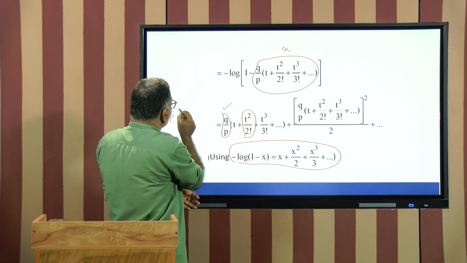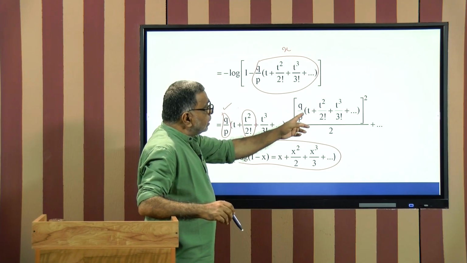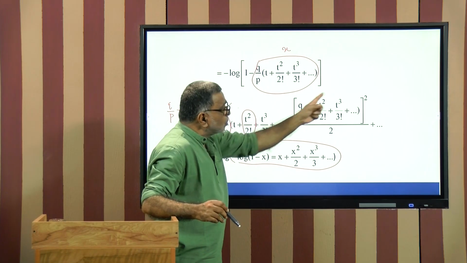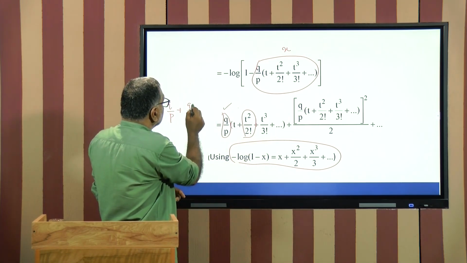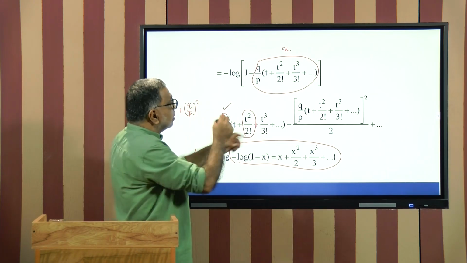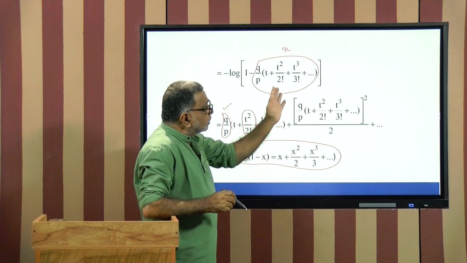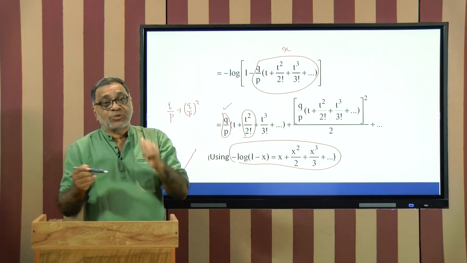And just look at the second factor. Second factor, it is q divided by p t, this is squaring. So, this is our squaring term. So, that means q divided by p the whole square and t square divided by 2 factorial, plus all other terms are now higher powers of t, higher than t square.